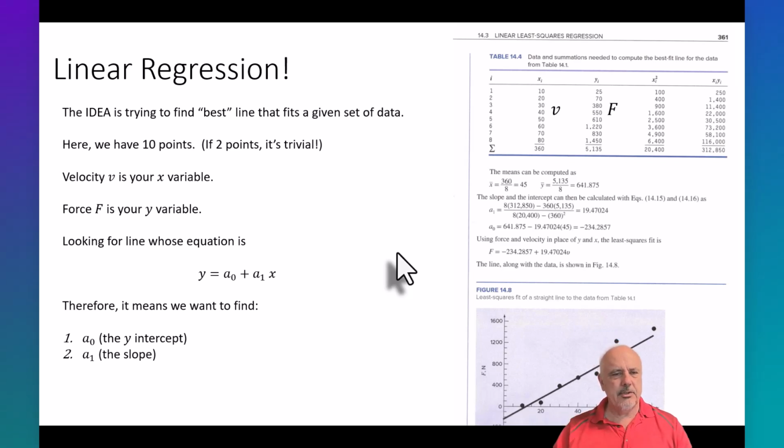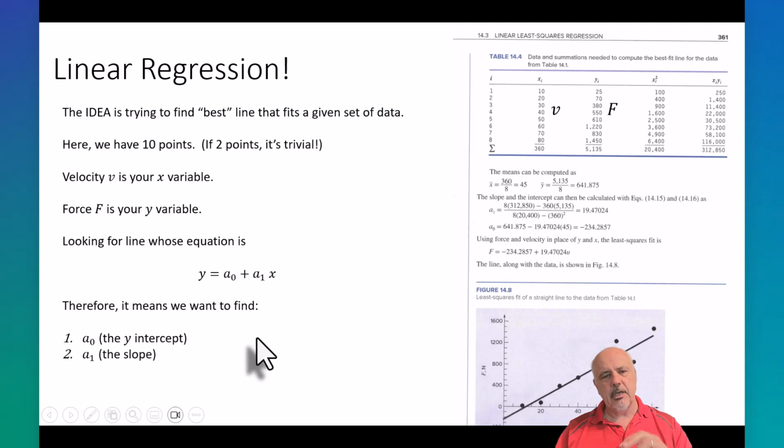So in this situation, let's look at an example where we have 10 points, 10 xy pairs. Our x is going to be some velocity data, and our y is going to be some force, drag force, for example, data. Okay, so we're going to be looking for a line that tries to go through this data, and we're going to look at it in terms of a y-intercept, a naught, and a slope, a1 times x.